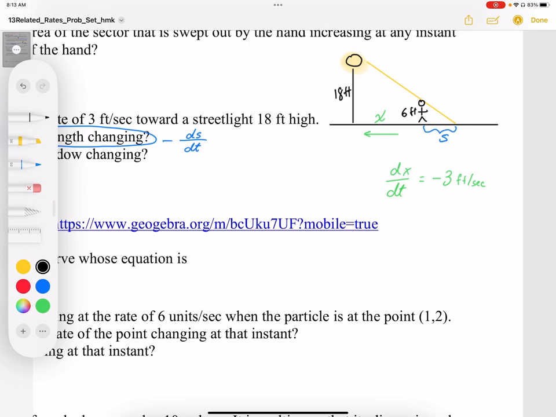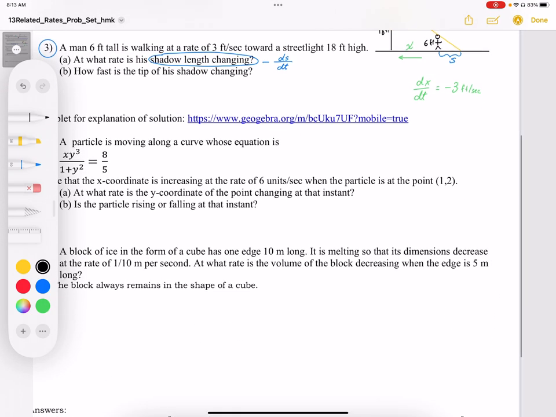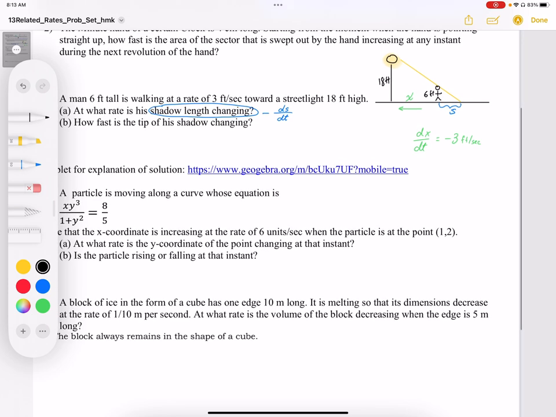In this case, this is a similar triangle relationship. So I'm going to set up a similar triangle relationship here. I know that the triangle made with the 6 feet and the triangle made with the 18 feet are the same shape. So we're going to make a ratio here.